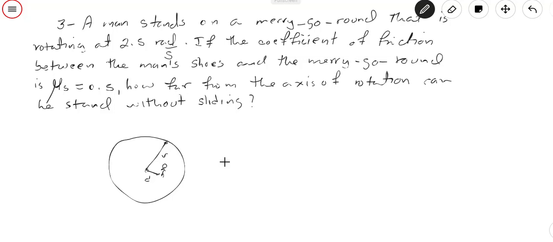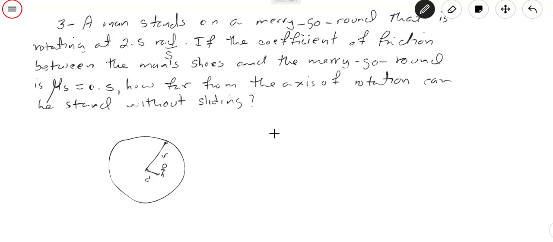As this is rotating, we have the centrifugal force, and remember that the centrifugal force is a fictitious force that is equal in magnitude to the centripetal force. The centripetal force points toward the center of rotation. The centrifugal force points away from the center of rotation.